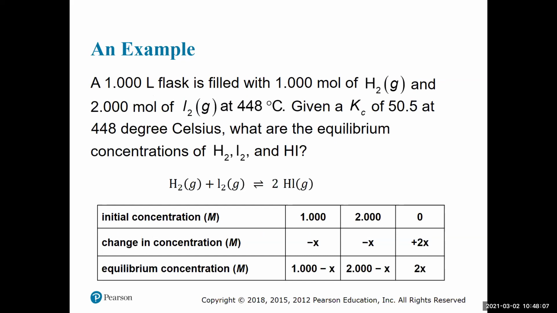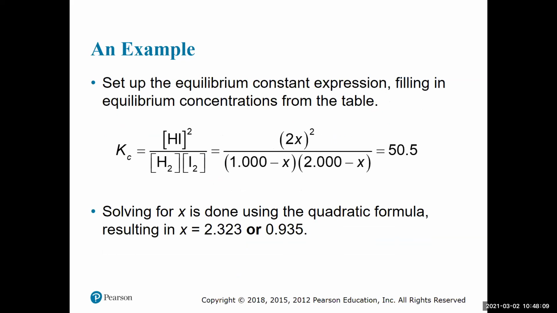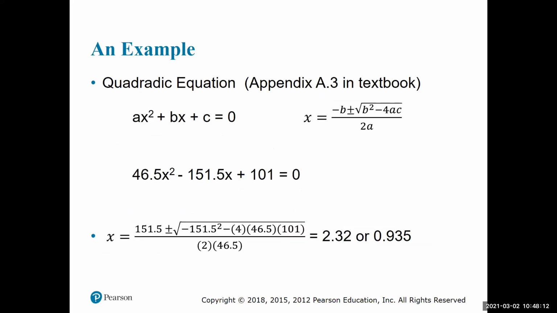If I subtract 2.32 from 1, I get a negative number. Same thing if I subtract it from 2, I get a negative number. I can't have a negative concentration. That doesn't make any sense.